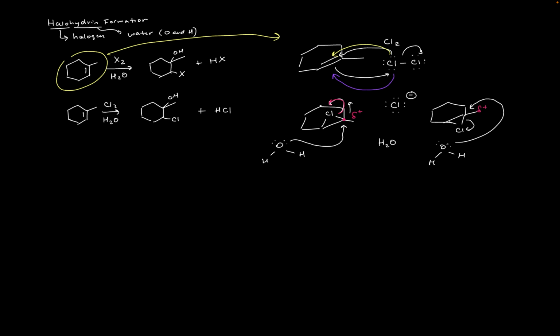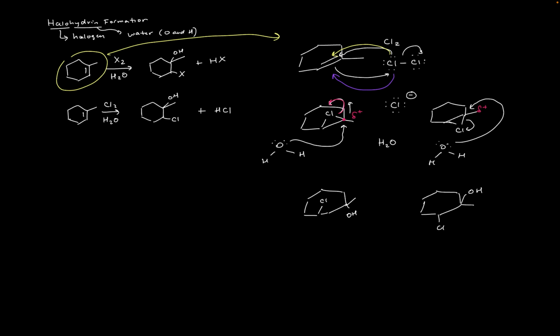That's going to give us a product that looks something like this in either case, where the chlorine and the oxygen are opposite in terms of their stereochemistry in either scenario, and typically we're going to end up with a racemic mixture of products because it's going to form either from the front or from the back. So that's the general mechanism.